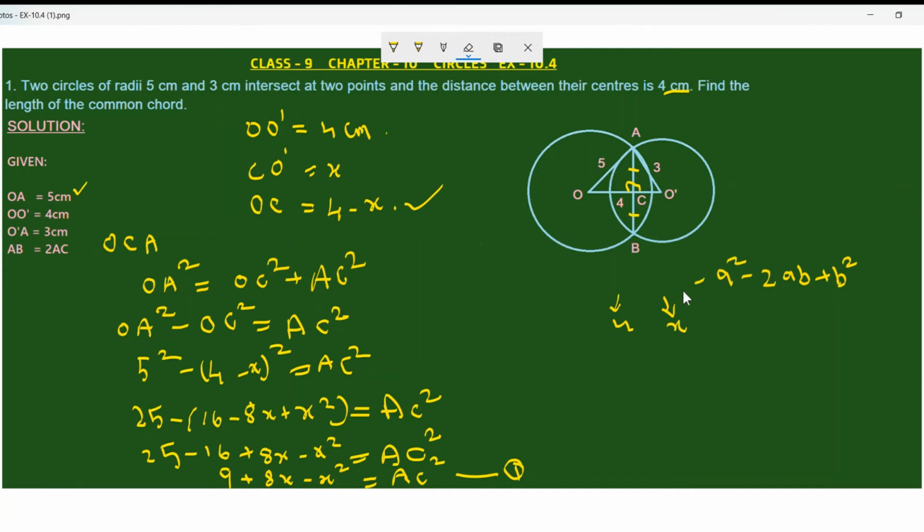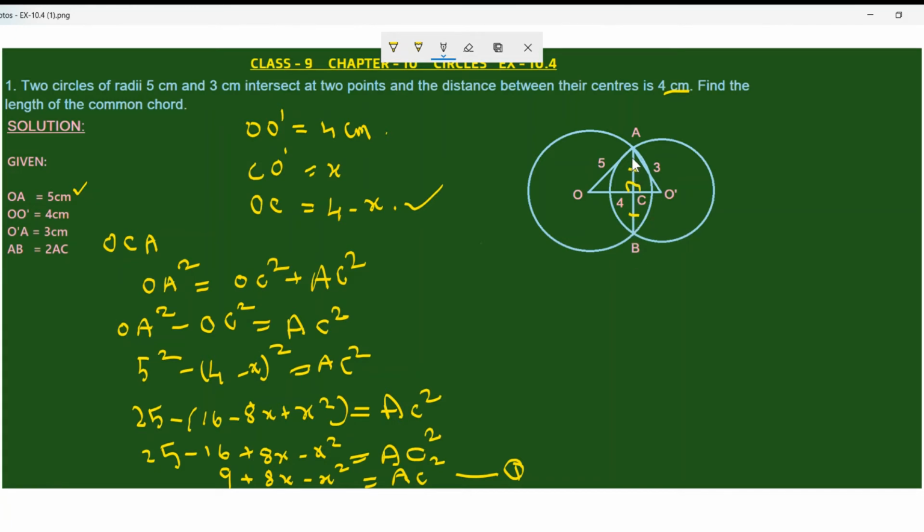In O prime CA, hypotenuse will be O prime A and the base will be O prime C. Perpendicular side is this AC.